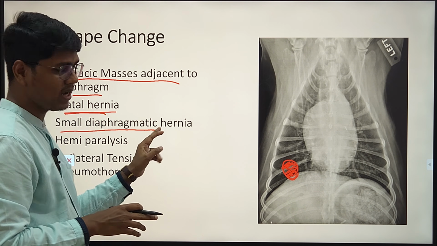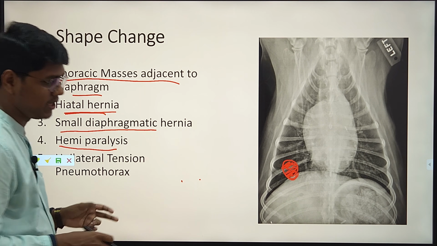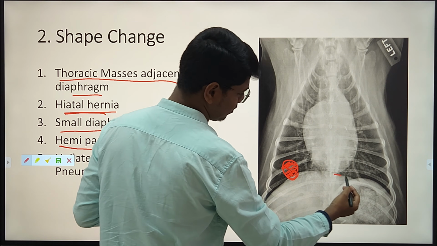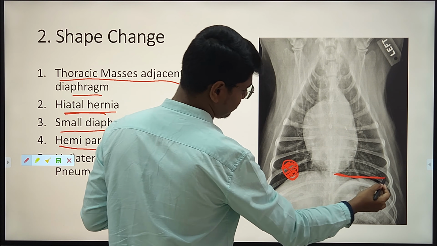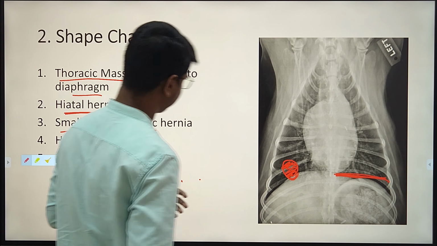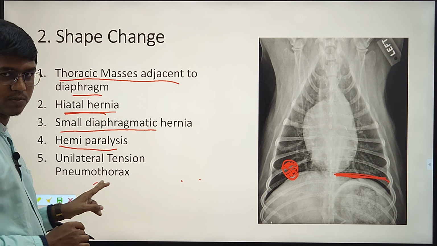Small diaphragmatic hernia discussed just now. Then the hemiparalysis. If there is paralysis on one side, hemi means one side, the diaphragm will be flatter, so it will change the shape. Then unilateral tension pneumothorax.